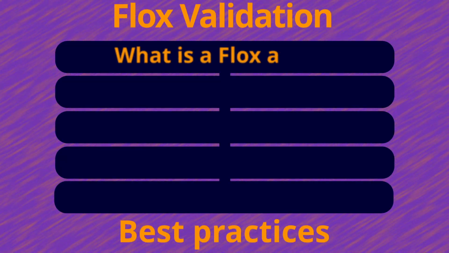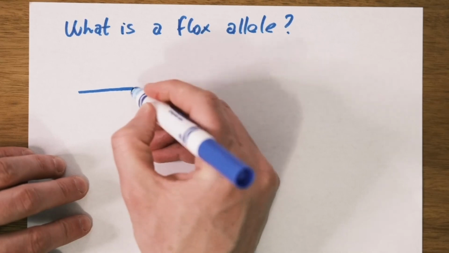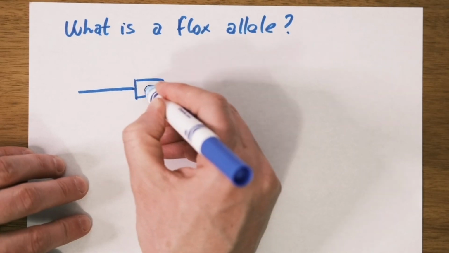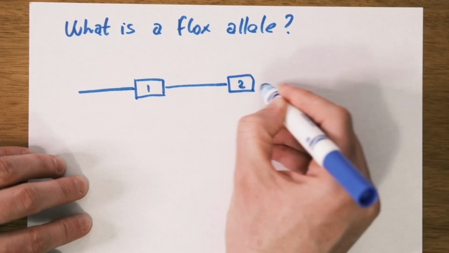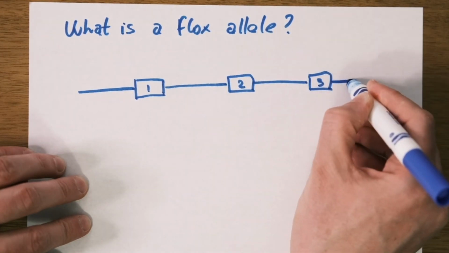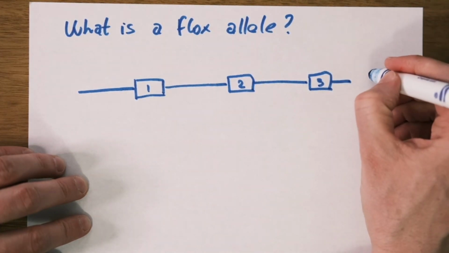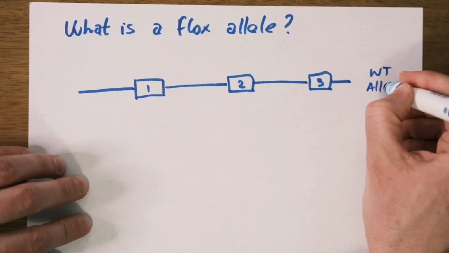Before we begin, let's clarify what a Flox allele is and go through the simple notation that we are going to use in this video. We have our wild type allele with one exon here, intron, second exon, third exon, and so forth. This we are calling our wild type allele.